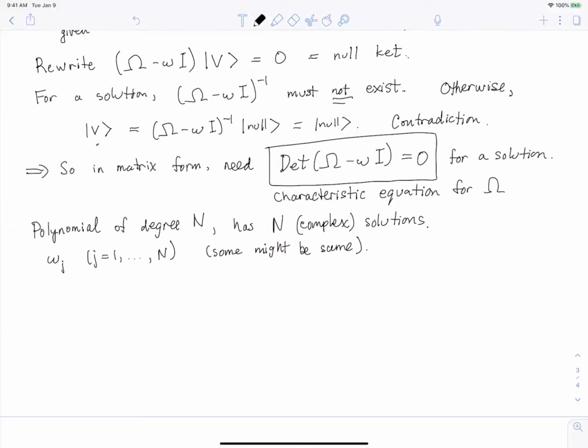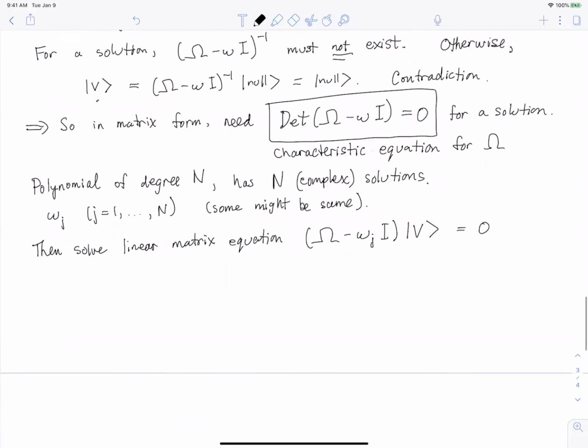And once you know what they are, then you can solve the linear matrix equation that says capital omega the operator minus the now known eigenvalue omega sub j times the identity operator acting on v is equal to the null ket. Okay, so now at this point, we know everything on the left-hand side, except the ket v. And so now we're ready to solve for v.